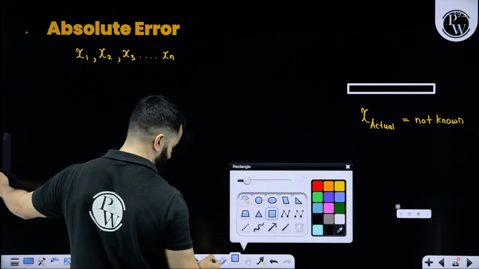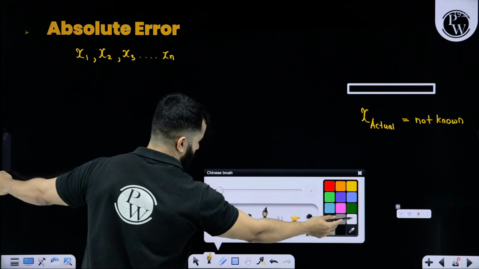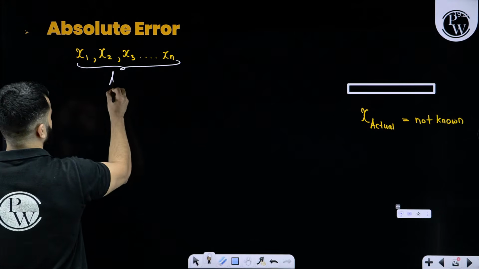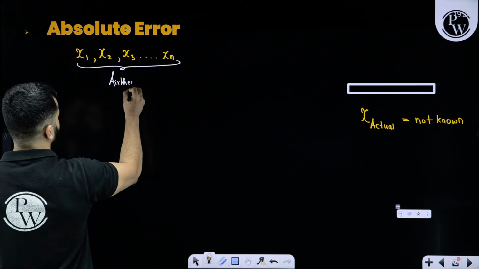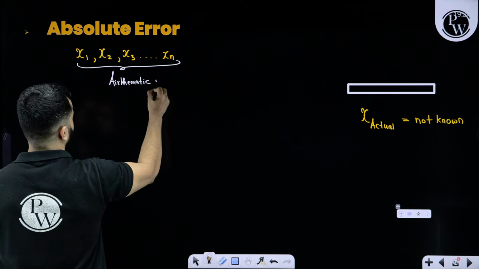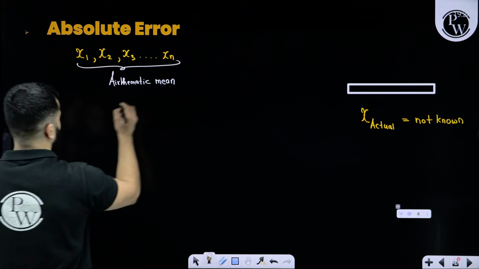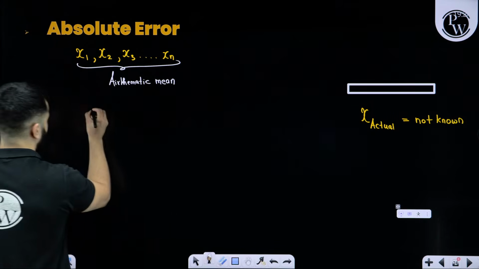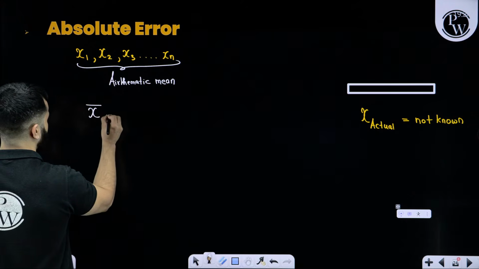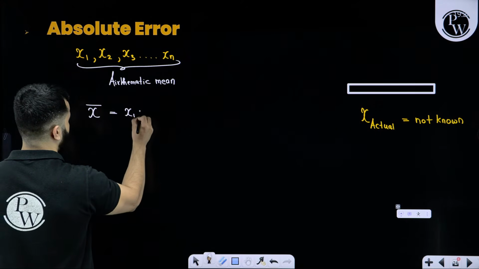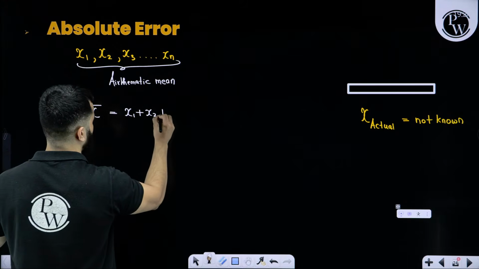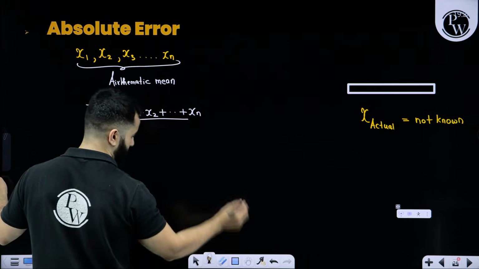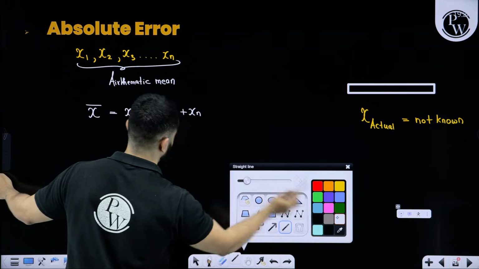Using this concept, we are going to find the arithmetic mean of all of these. So the arithmetic mean, x bar, will be x1 plus x2 plus up to xn, whole divided by n.